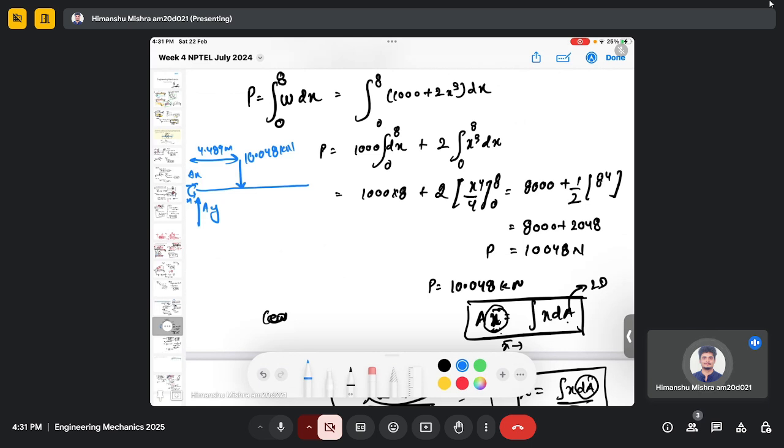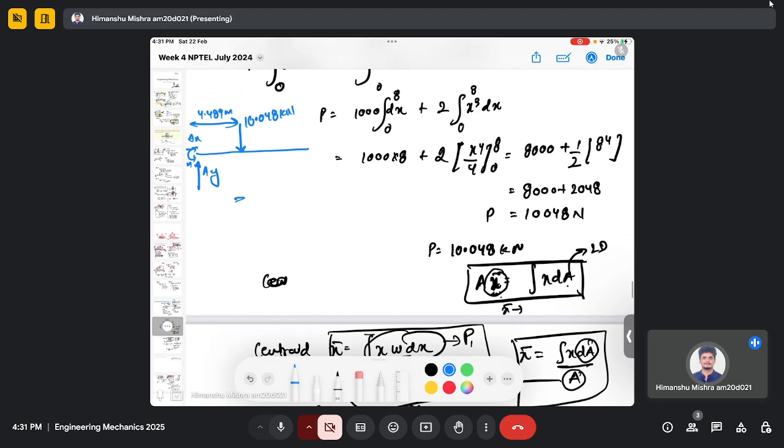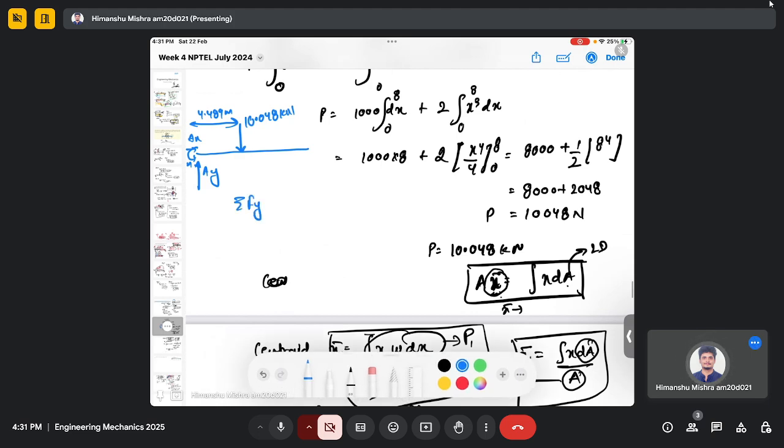We need to calculate the reaction force AY, and it is easy. If you do the force balance and equate it to 0, AY should be equal to 10.048 kilonewton.